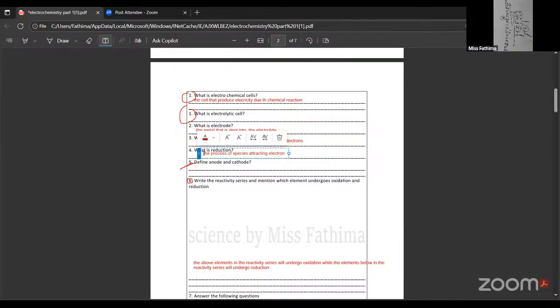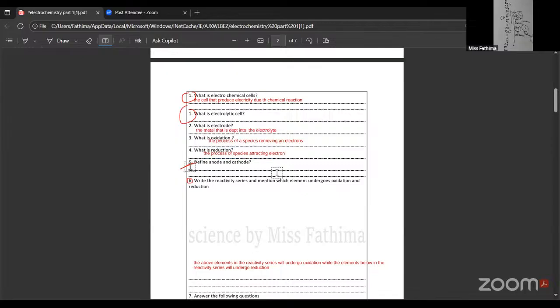So define cathode and anode. Anode is the electrode that undergoes oxidation. I forgot to tell that. Right? So write that below.